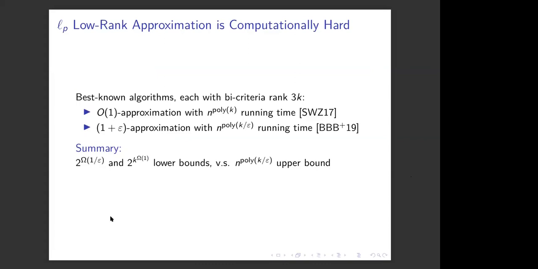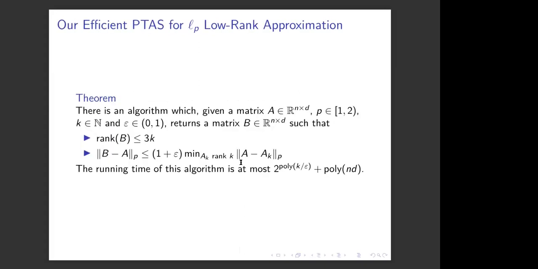Those are the lower bounds, and the upper bounds that are known, there's a gap between the lower bounds and the upper bounds. If you accept bicriteria rank 3k, then you can get a 1 plus epsilon approximation in n to the poly k over epsilon running time. So the question arises: are either of these tight, the lower bounds or the upper bounds? We get an algorithm which is closer to the lower bounds.